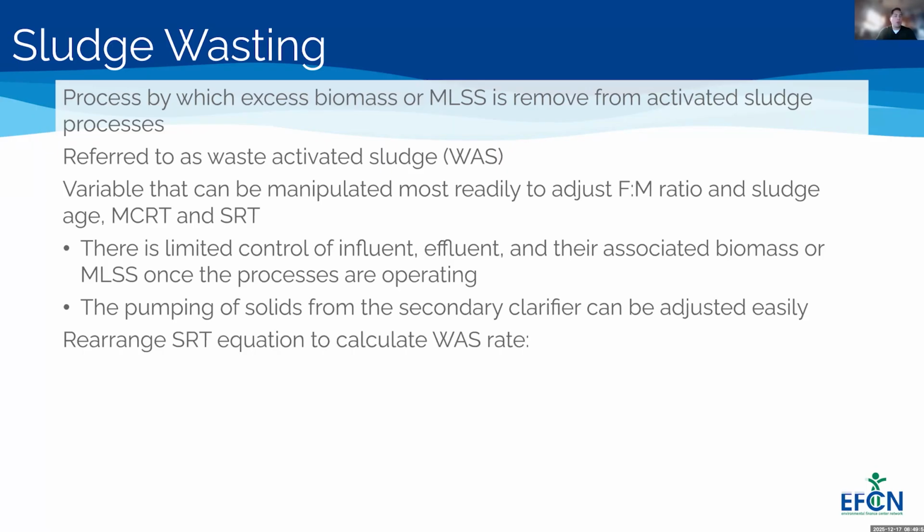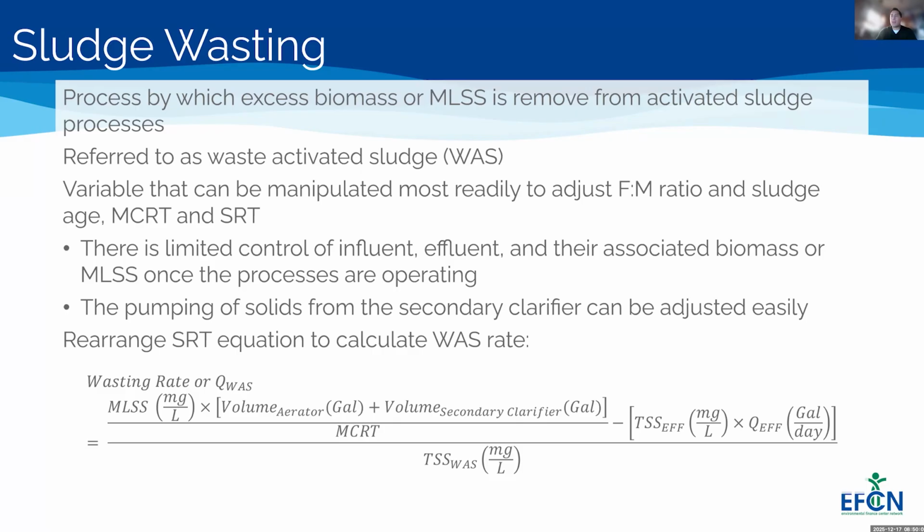Then it is pretty simple to take that SRT equation that we showed you and rearrange it to calculate our ideal wasting rate. So this would look something like this. You take the solids that are in the aerator and secondary clarifier, divide by your target MCRT, then you subtract the total solids in your effluent, total solids in the flow, multiplied together, and then that whole thing is divided by the total solids concentration in your wasting.